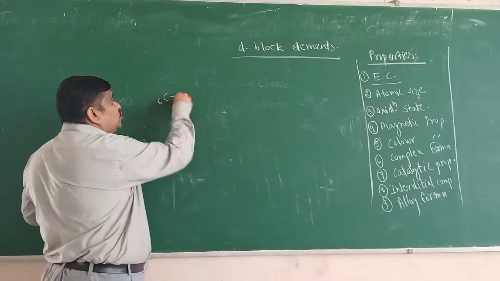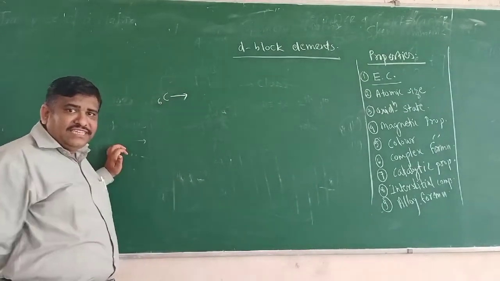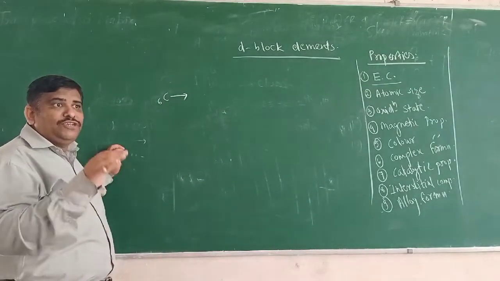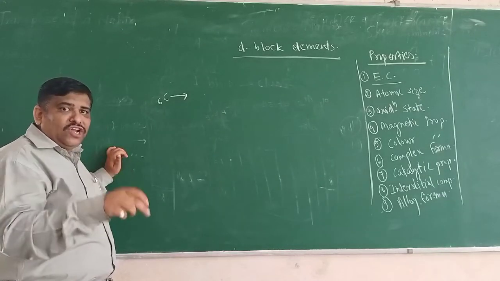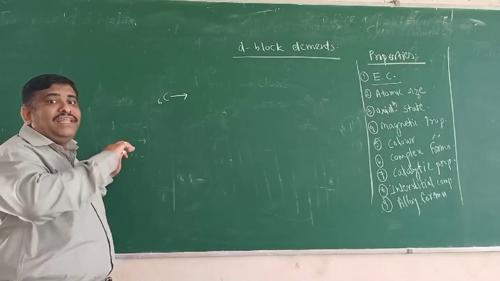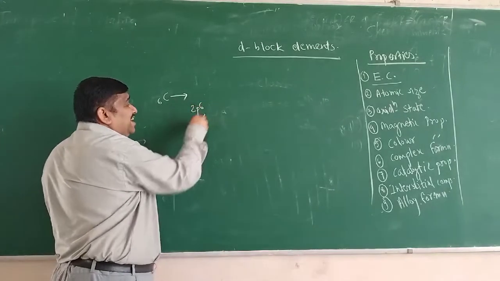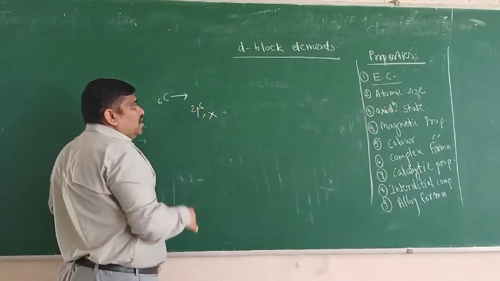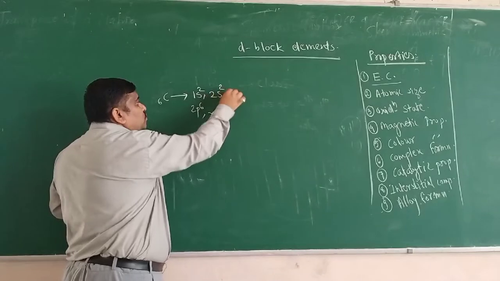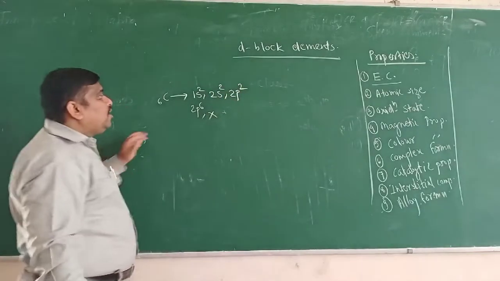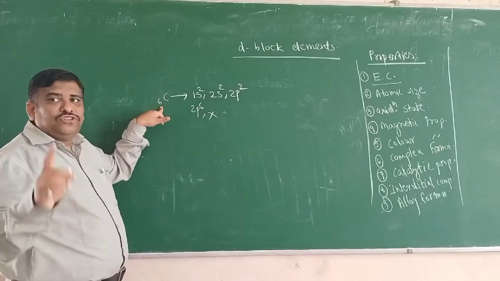These 6 electrons you distribute in the subshells in the increasing order of their energy. You are not writing 2p6 directly here, no, this is wrong. You write 1s2, 2s2, 2p2.